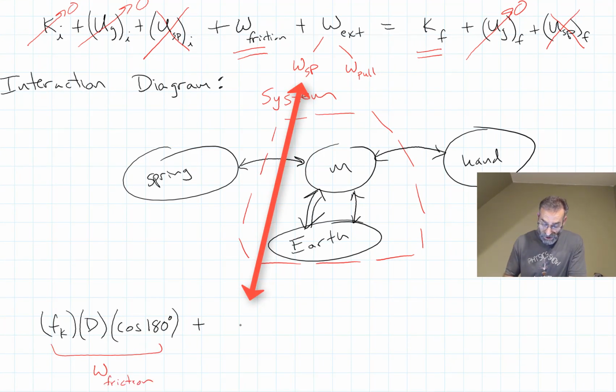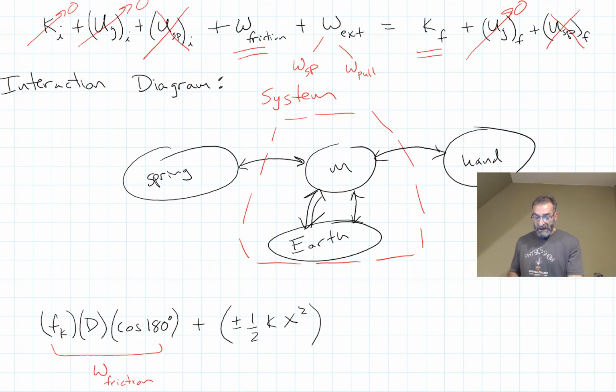Work done by the spring is going to be plus or minus 1/2 kx squared, the distance the spring stretches or compresses. So this is the difference here. Spring potential energy, like we did in our previous problem, is always positive 1/2 kx squared. Work done by the spring could be positive or negative.